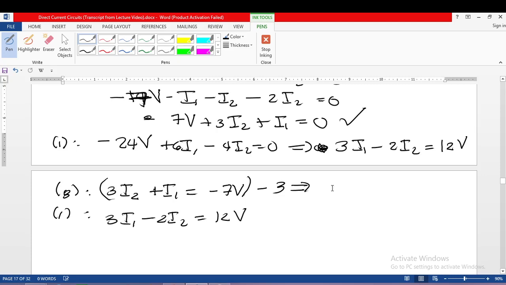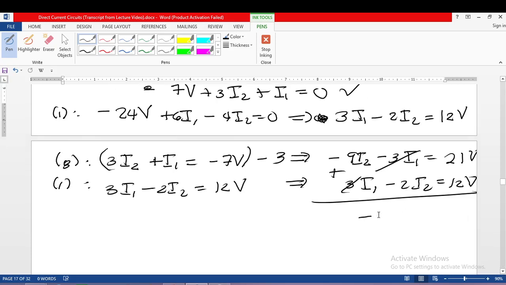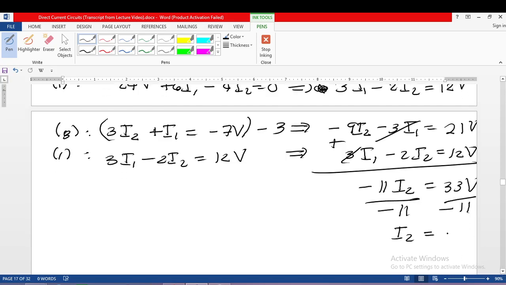So we have here negative 9I2, and minus 3I1 is equal to 21 volts. Then for here, same lang gyapon, 3I1 minus 2I2 equal to 12 volts. So pag-add natin nilang duha, may eliminate si 3I1. So what's left is negative 11I2. Then we have here 33 volts. Then divide both sides by negative 11. So the I2 is negative 3 ampere.